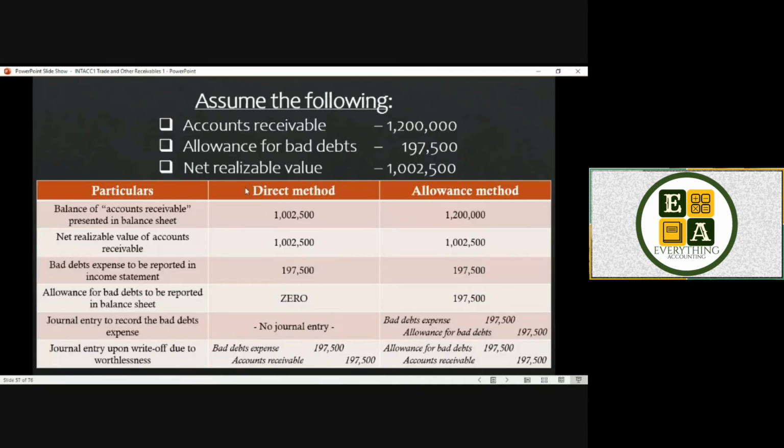So ganito po yung ating difference ng direct method and allowance method. Let us use yung figures kanina na 1,200,000, tsaka yung bad debts na 197,500, at saka yung net realizable value na 1,002,500. Okay? So, balance of accounts receivable to be presented in the balance sheet.